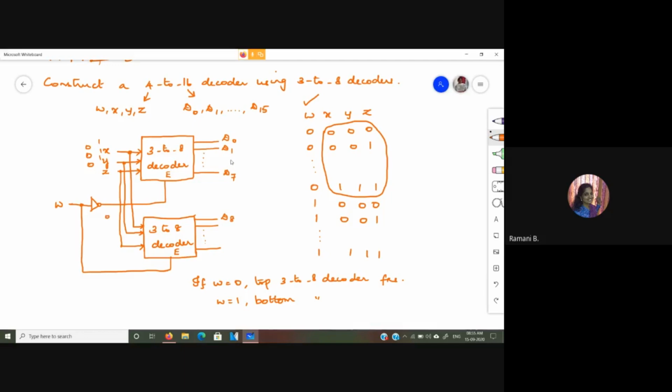So here again, this is from 000 to 111. However, here the most significant bit is 1. So that is ranging from D8 to D15. Okay? Do you understand this?